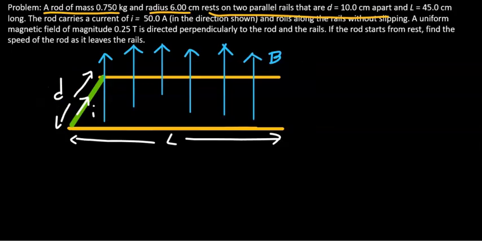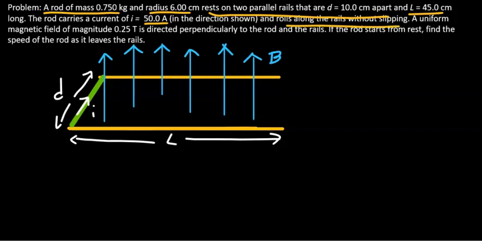Another thing to note is that you can view this rod as a cylinder, and it's rolling like that. Capital L is 45 cm in length. The rod carries a current of 50 ampere in that direction, and the rod will roll along the rails without slipping.